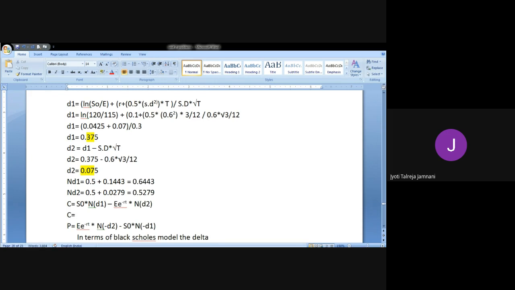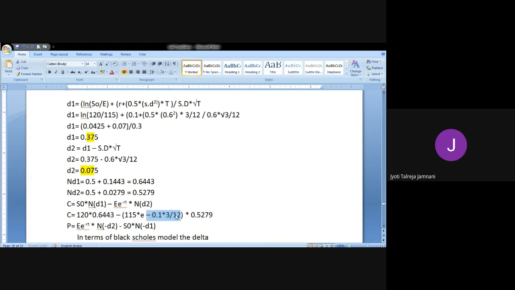So C is equal to S naught. S naught is 120 into N(D1), that is 0.6443, minus E into E raised to minus RT. So E is 115 into E raised to minus R, which is 0.1, that is 10%, into 3 by 12, into N(D2). N(D2) is 0.5279.